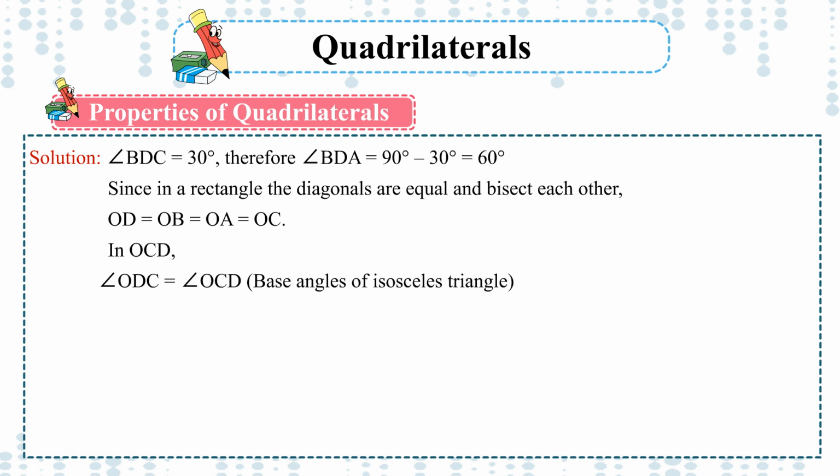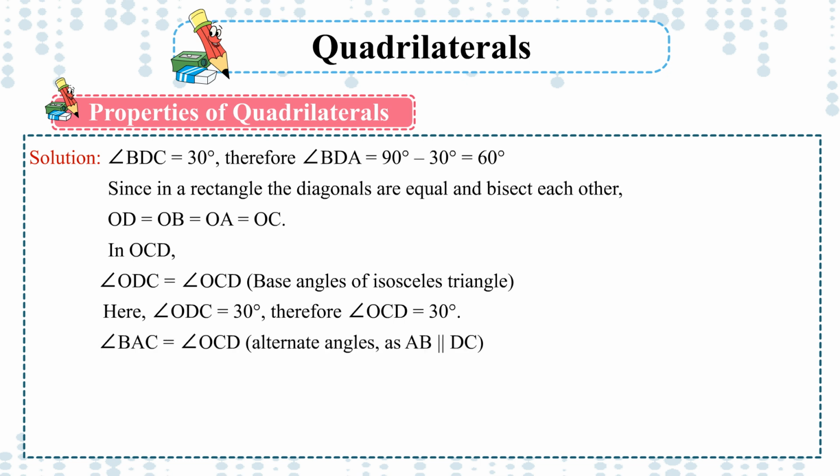In triangle OCD, angle ODC is equal to angle OCD, base angles of isosceles triangle. Here, angle ODC is equal to 30 degrees, therefore angle OCD is equal to 30 degrees. Angle BAC is equal to angle OCD, alternate angles, as AB is parallel to DC, is equal to 30 degrees.